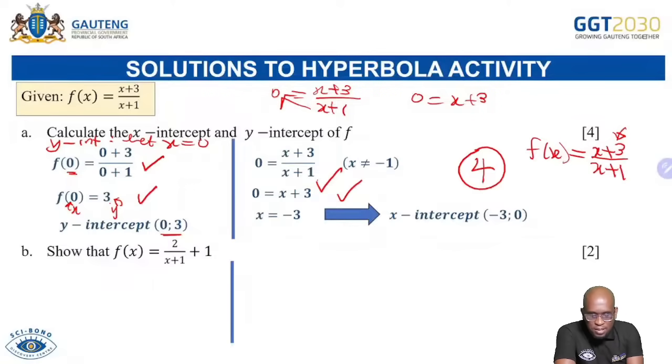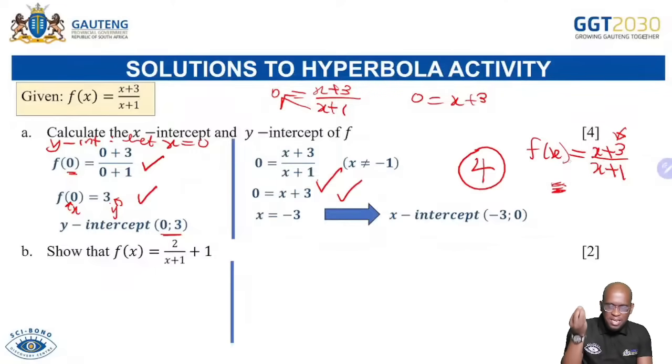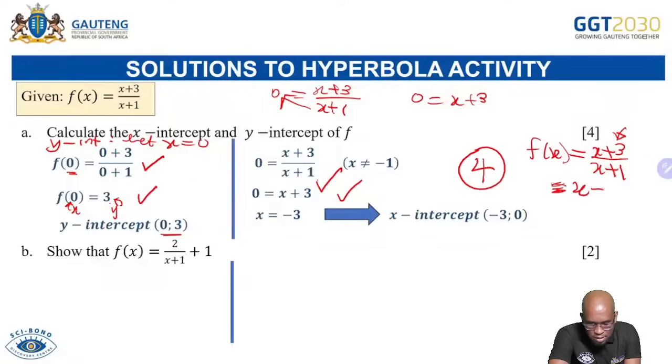So if we want, there's x, we are sorted, but we have plus 1 in the denominator, we need plus 1 in the numerator. The only way to do that is if we break down 3 into what? Into, we can write it as x plus 1 plus 2, okay? Divide by x plus 1.